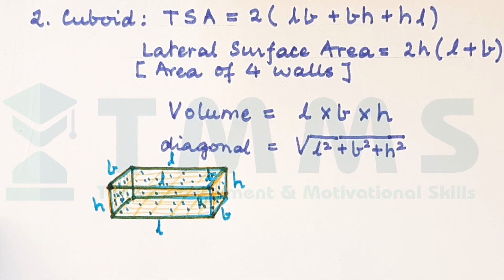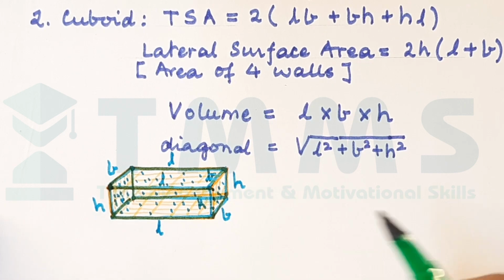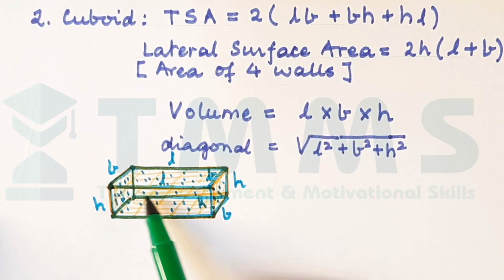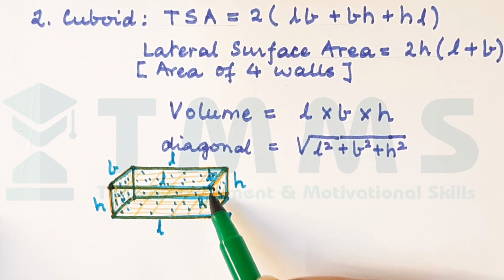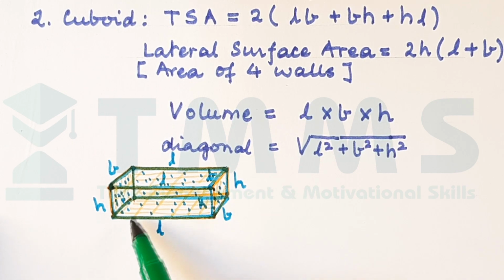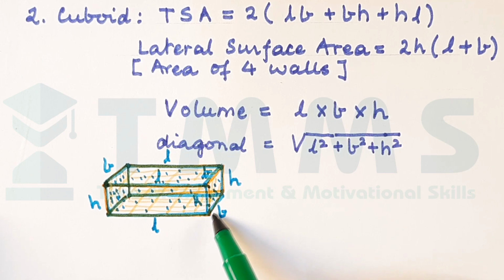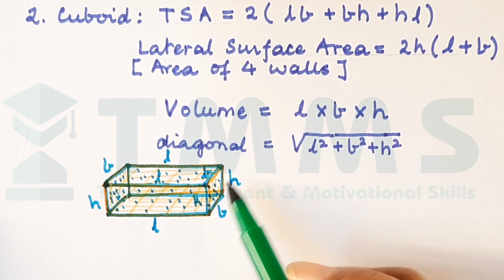Now, if you can't visualize this on your own, then you look at the walls of the room where you sit in your classroom. The classroom will have the length and the breadth, and it will have the height. So if you look at this, this becomes the floor of the classroom. This is the length of the classroom. This is the breadth of the classroom. And this will become the height of the classroom.